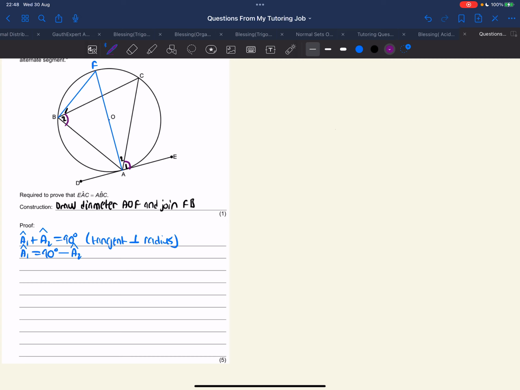Now using a different color, angle B1 plus angle B2 is also equal to 90 degrees, and the reason for that is angle on a semicircle.